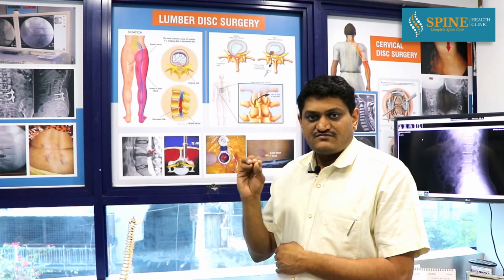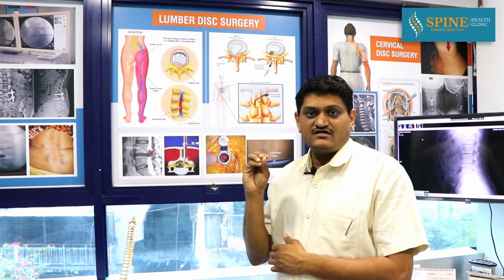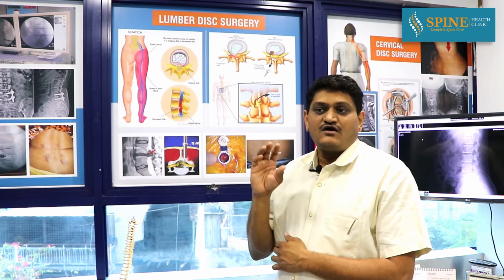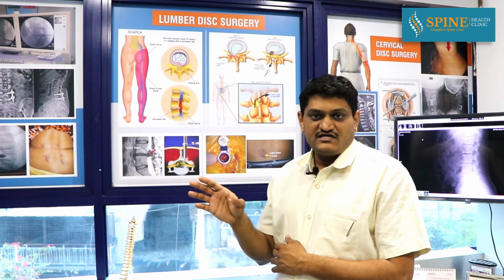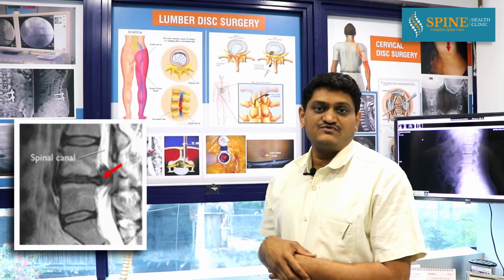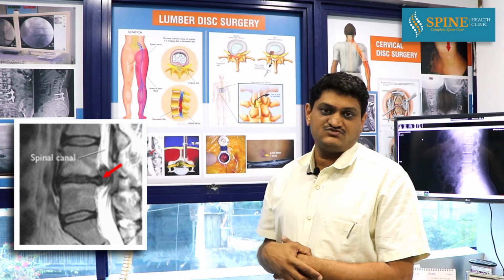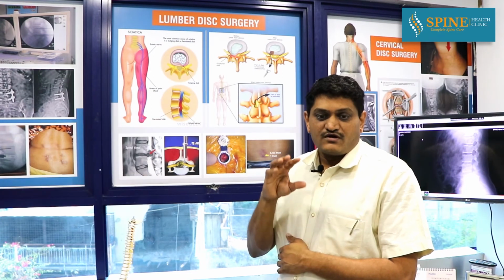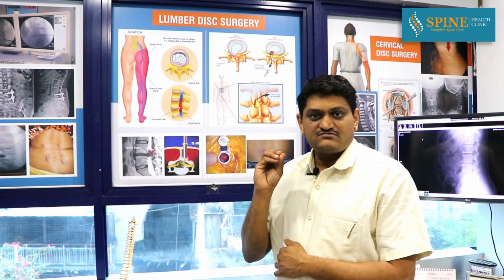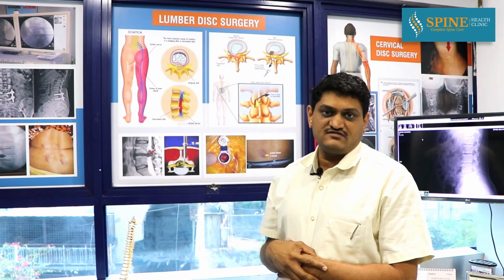Disc hydration, any degeneration or herniation, nerve pinching, any muscle edema or swelling of the joints, all these things we come to know on the MRI, and we know exactly what the disc situation is. So if we want to diagnose the disc problem, an MRI is a must, and it will give us the complete picture of your spine.